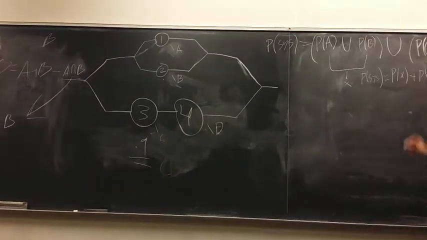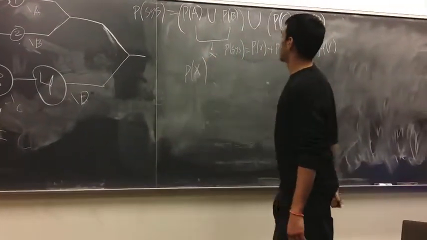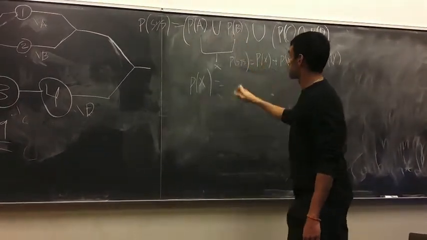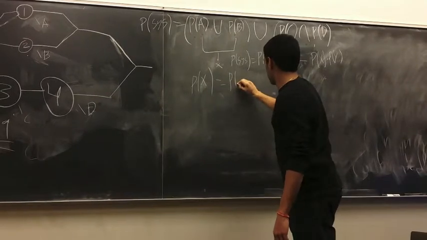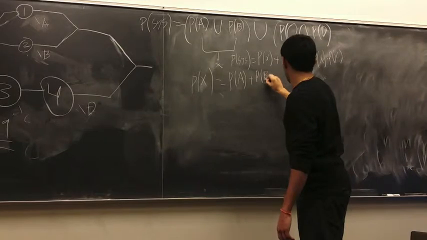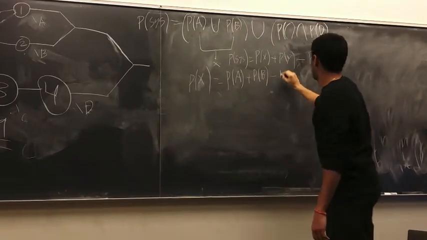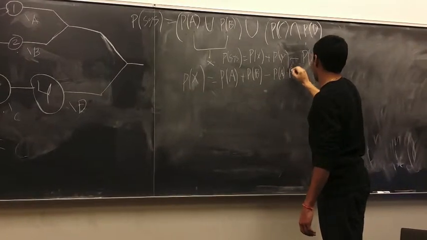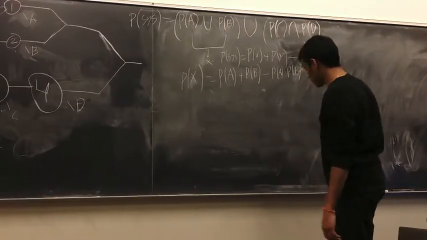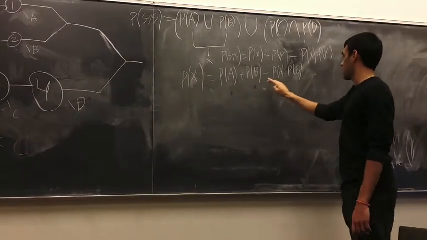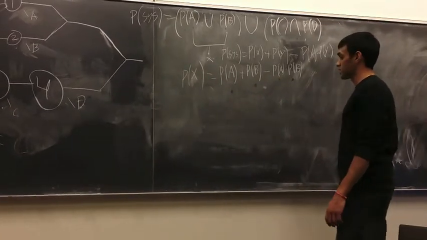So now let's define what probability of X is. Probability of X is P of A union P of B. So that's also probability of A plus probability of B minus the probability of A times probability of B. And we know the probability of A is 0.9. The probability of B is 0.9, so 0.9 plus 0.9 minus 0.9 times 0.9.